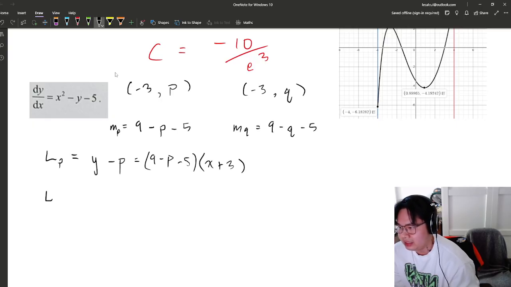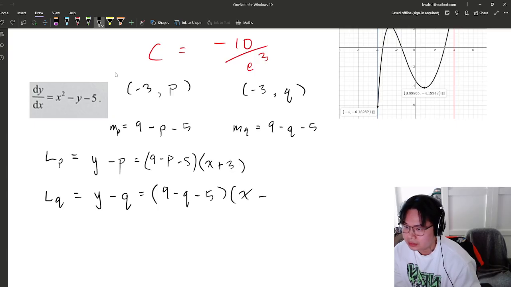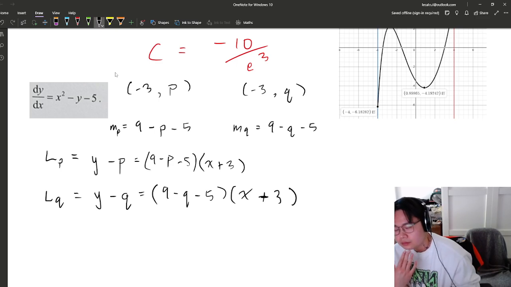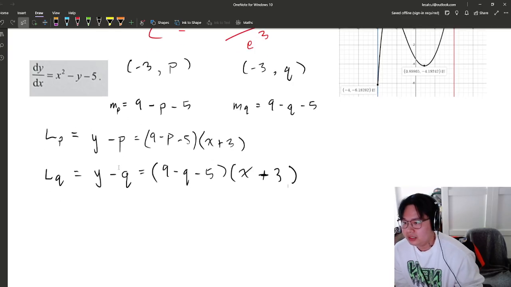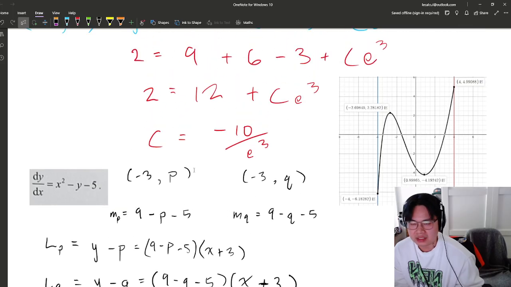This is line Q. We got y minus q equal to 9 minus q minus 5 times x plus 3. Okay, and then these lines intersect somewhere, and then we need to find where. Am I missing something?